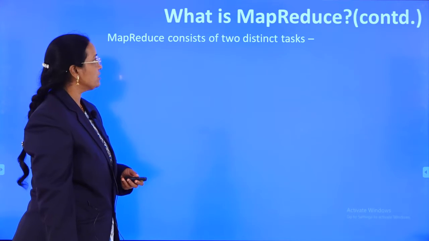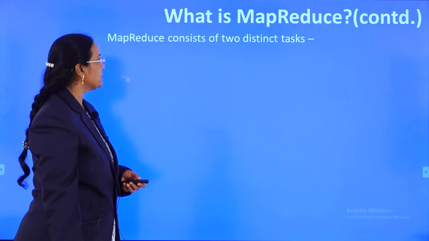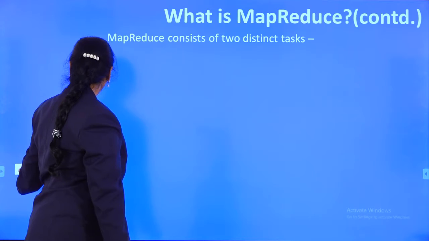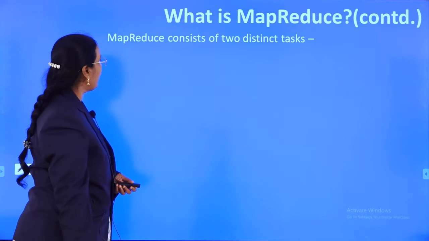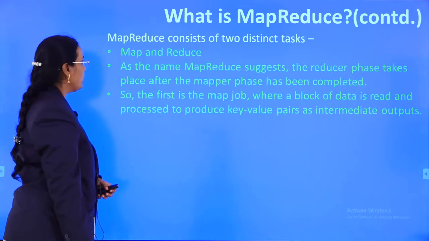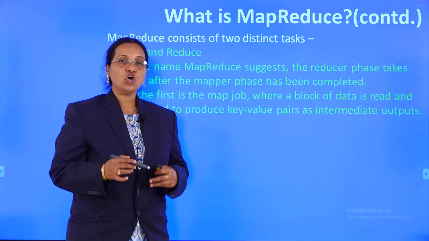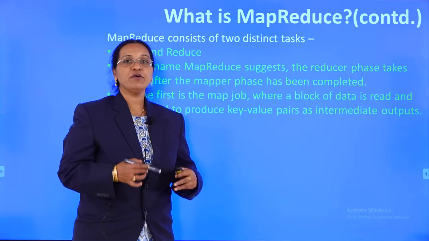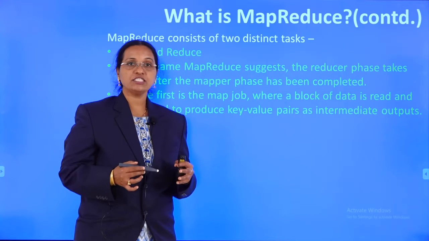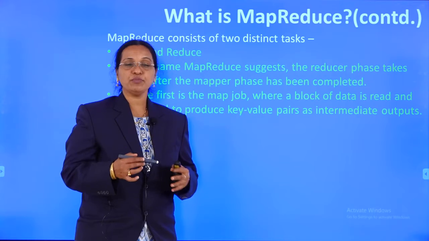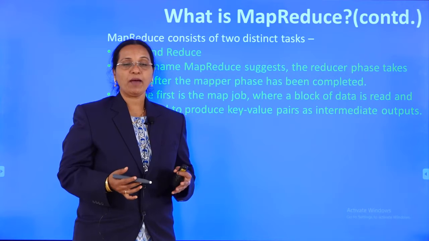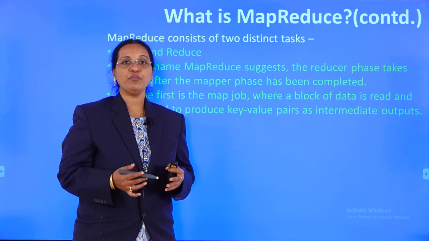MapReduce basically consists of two important tasks, map and reduce, where the map job is taken first and the reducer job takes place later. The map takes the large inputs, processes them, and the output of the mapper phase is key value pairs.